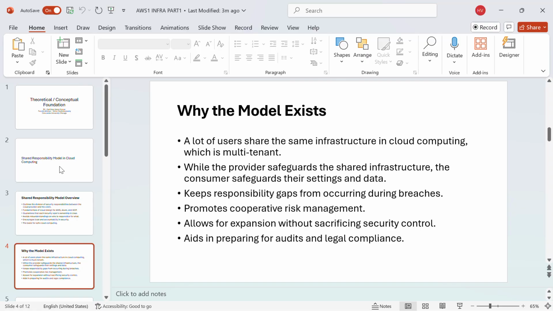Why does this model exist? A lot of users share the same infrastructure in cloud computing, which is multi-tenant. While the provider safeguards the shared infrastructure, the consumer safeguards their settings and data.